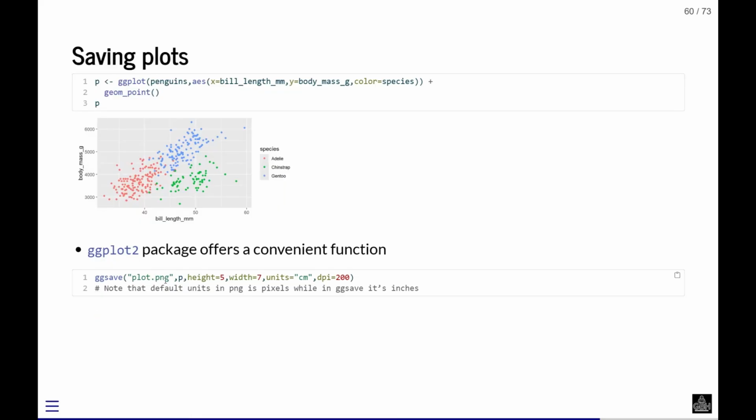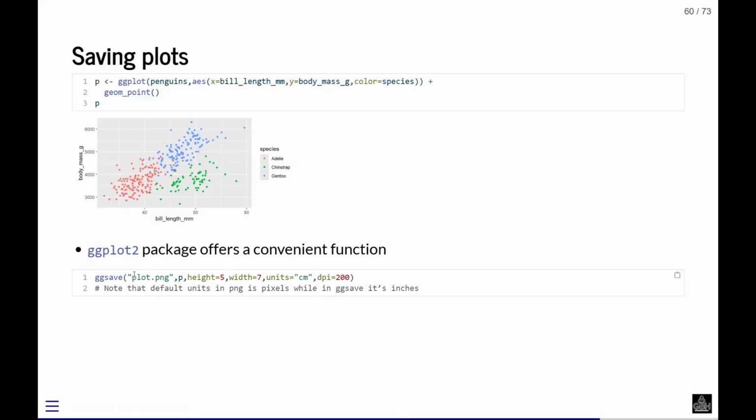You name it, which name it should be, and the object you want to save. So here it was P, so I mentioned it is P. If it is something else, you need to write it here. And then it produces and saves your graph in your existing location where you are running this R. Or you can define it as well here in this box.